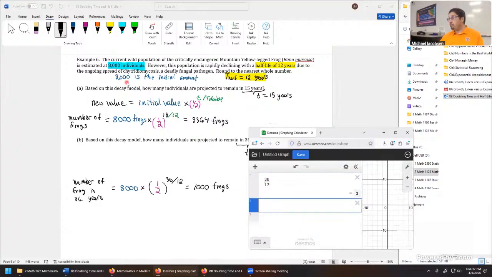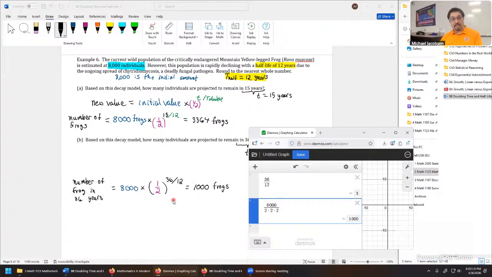So if we have an initial population size of 8,000, divide it by 2, and that's 1 half-life. Divide by 2 again, or 2 to the power 2, that's 2 half-lives going by. Divide by 2 again, 3 half-lives have gone by. And so that's why it's exactly 1,000 frogs. So really, that's all we had to do in this problem to get through the answer.